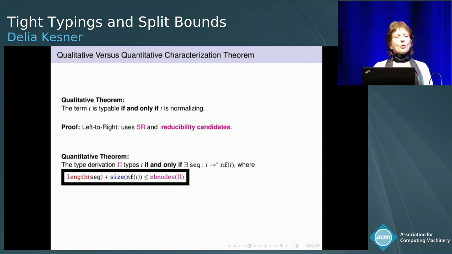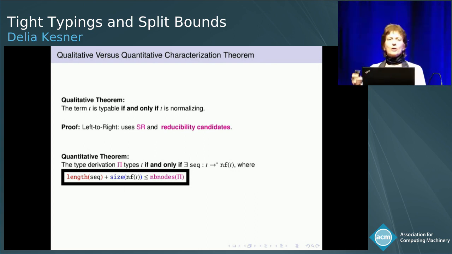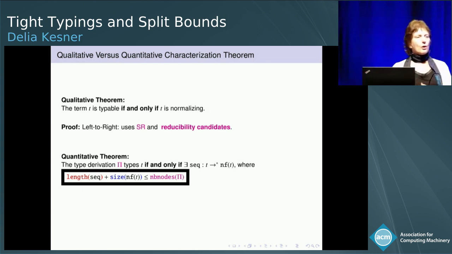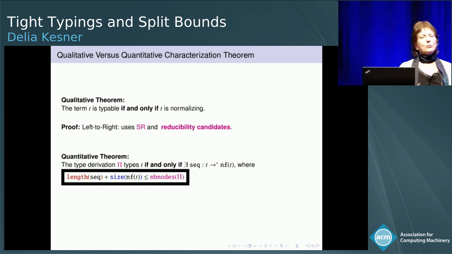On the other side, you have a quantitative theorem saying the same thing but adding more information. The quantitative theorem says that to be typable in a quantitative type system is equivalent to being normalizing, that is, that there exists a sequence going to normal form, but you also have quantitative information about this reduction.